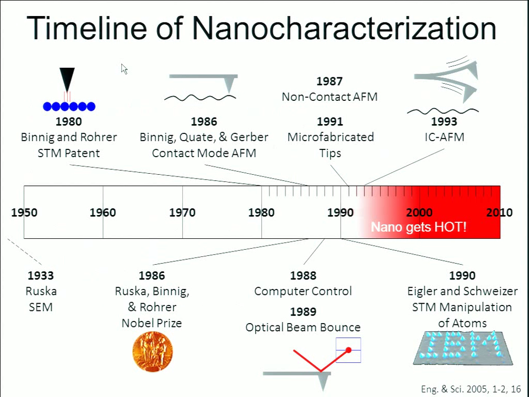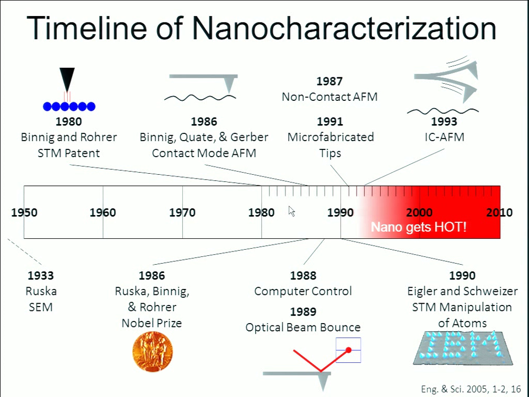If we look at a timeline, a brief history of nanocharacterization, on the far left in 1933 we see the advent of the scanning electron microscope. Fast forward to around 1980 and we see the first scanning tunneling microscope.